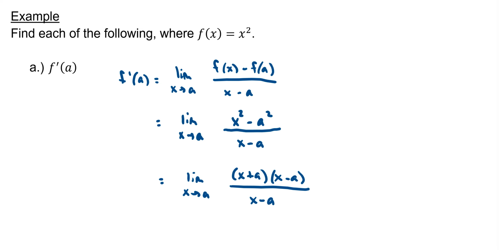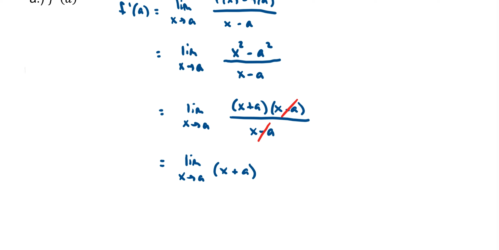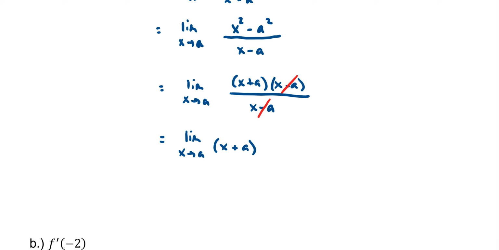And we can go ahead and cancel off x minus a over x minus a. And we end up getting limit as x approaches a of x plus a. Now we can apply direct substitution. As x approaches a, we plug in the a into x, and we end up getting a plus a, which is, of course, 2a.